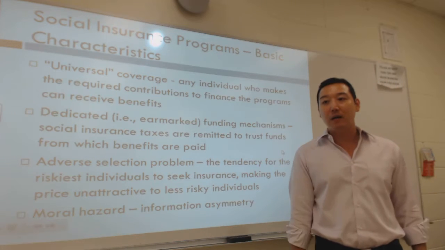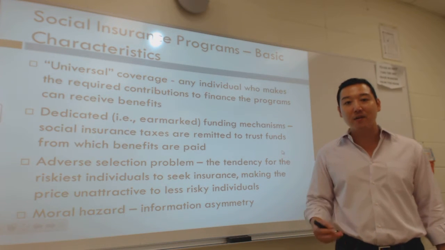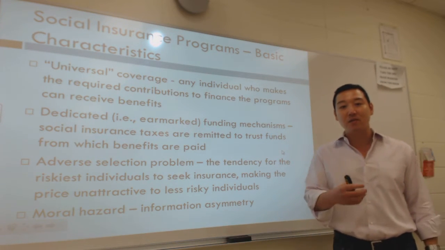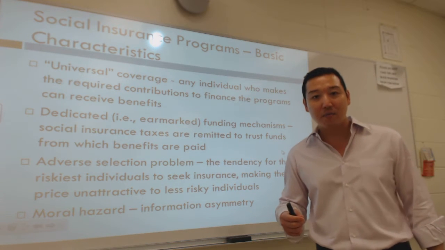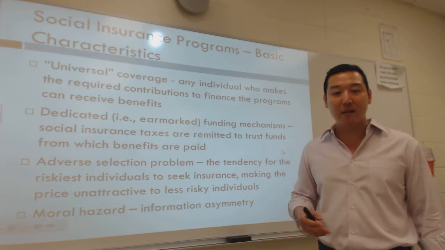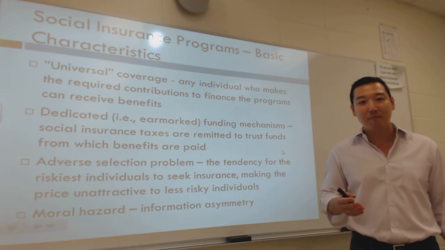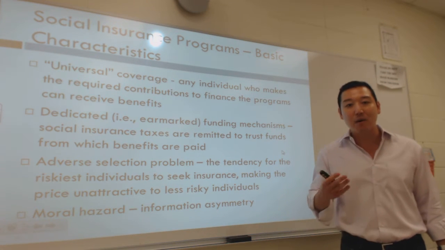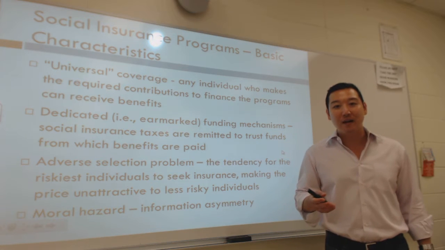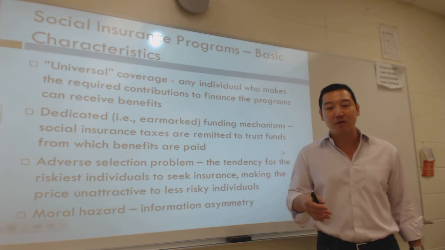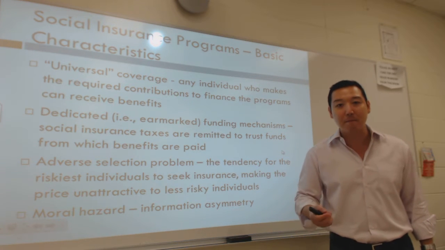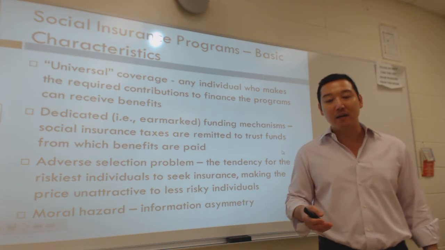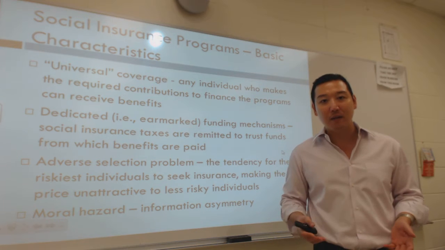All right, so getting into the basic features, the basic distinctions between social insurance and public assistance. First, I'll note that social insurance programs tend to be universal in nature. Let me tell you what I mean by universal. It doesn't mean that everyone necessarily receives benefits under social insurance programs. It just means that social insurance programs, generally speaking, are readily available, potentially available to anyone.